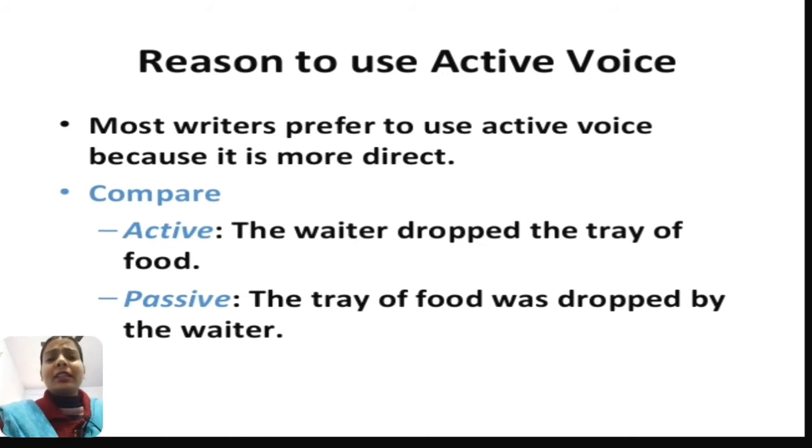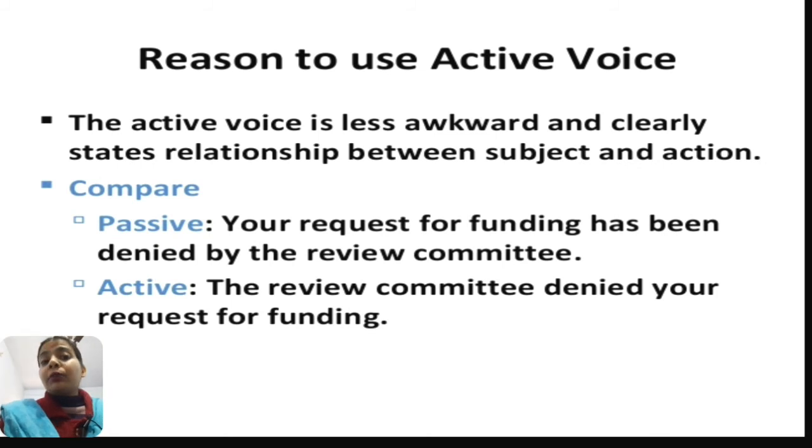So you can easily see how easy it is to frame sentences in active voice because it's more direct. The active voice is less awkward and clearly states the relationship between subject and action.